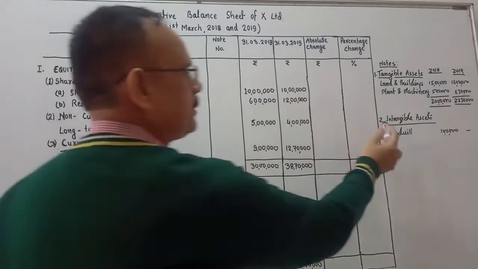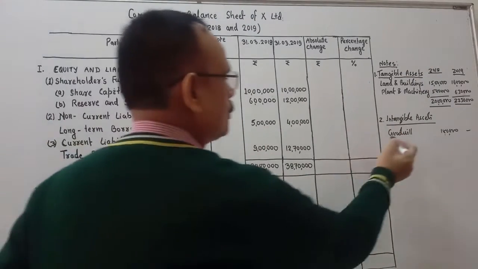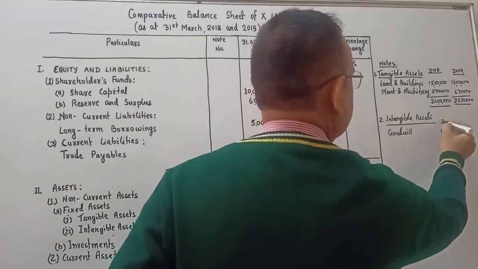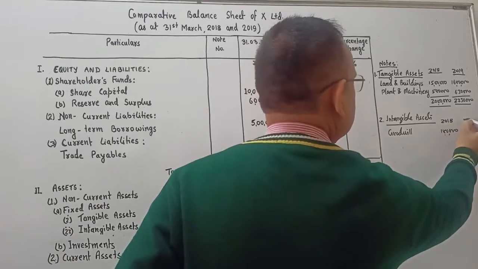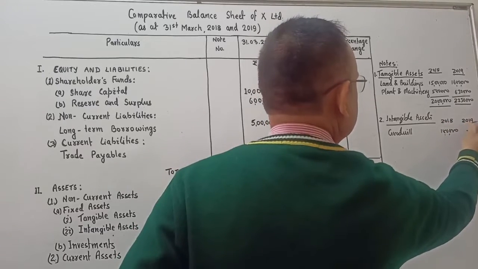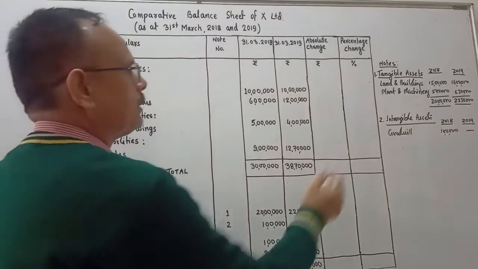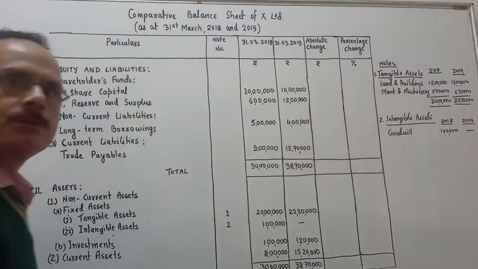And in intangible assets, note number 2, goodwill comes under intangible assets. In 2018 it is 1 lakh and in 2019 there is no goodwill, so it's a dash.